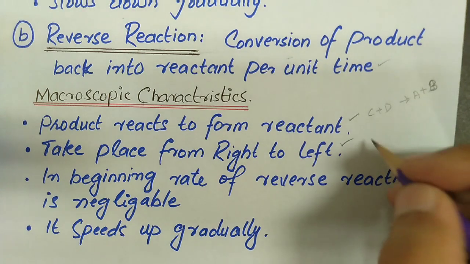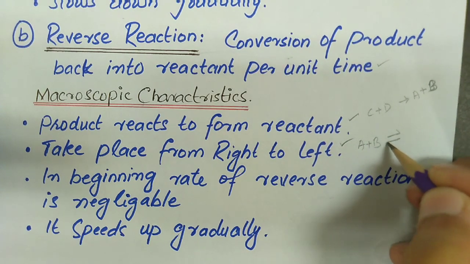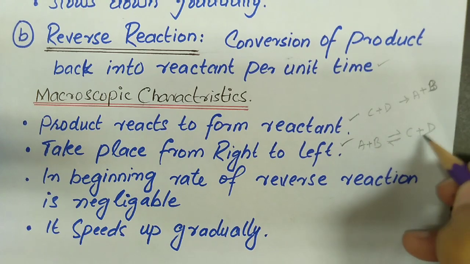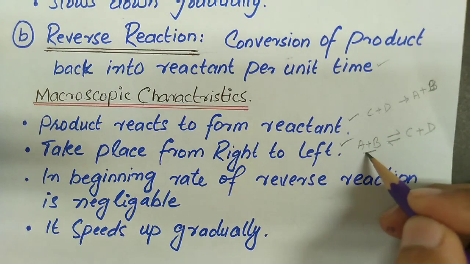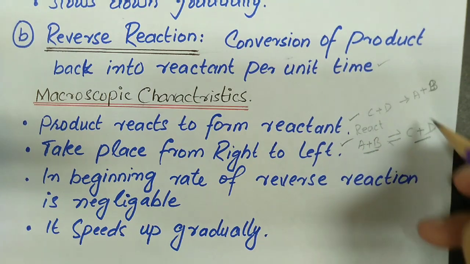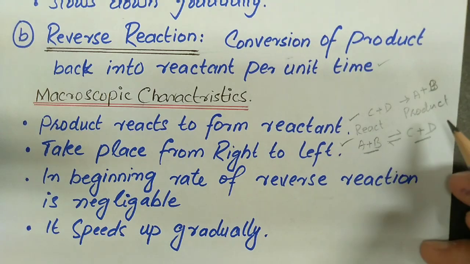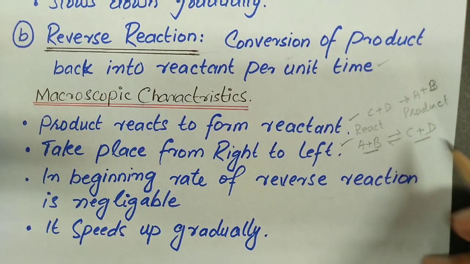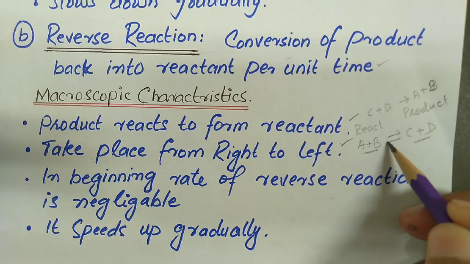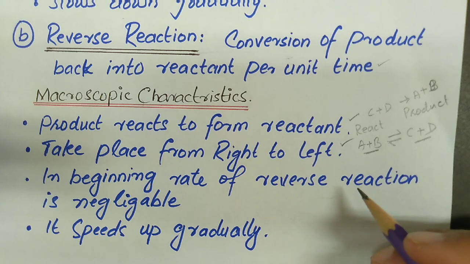If you consider a reversible reaction, that is, A plus B converts to C plus D. Here, A plus B is generally the reactant, and C plus D is generally the product. Here, C plus D, which is the product, converts back into A plus B, that is the reactant.